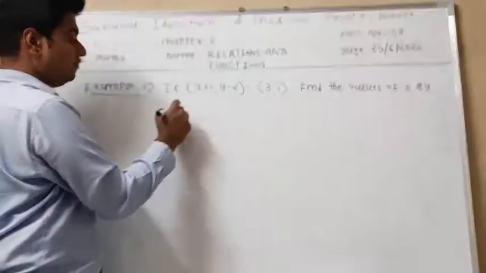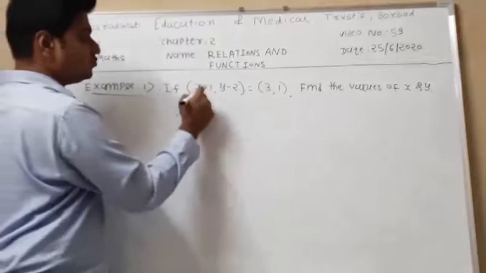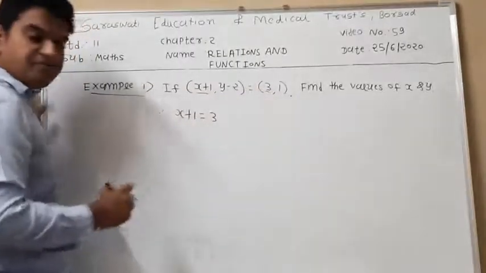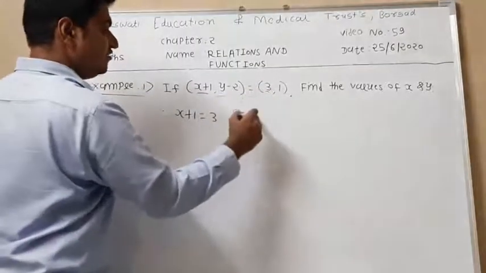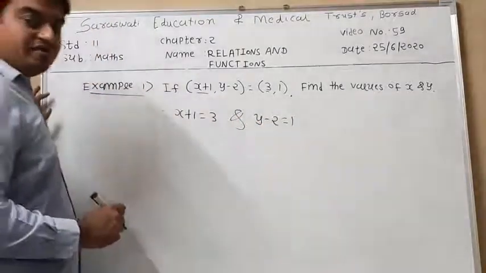First of all, x + 1 compared with 3, and in the same way y - 2 is equal to 1.